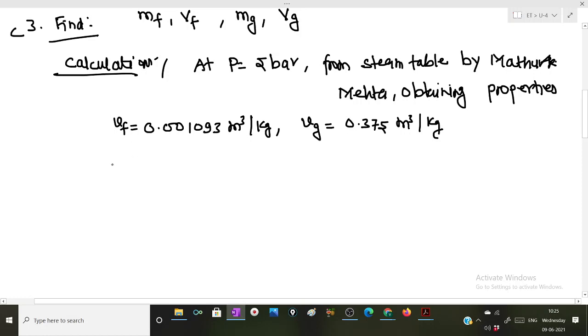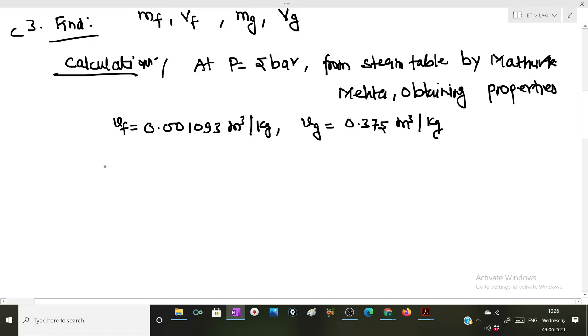Now we have been given the total volume of the vessel and the total mass of the mixture present in the volume. At the same time, all the properties we are dealing with are in meter cube per kg, that is, specific properties.